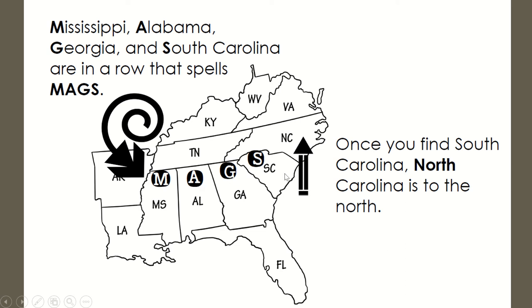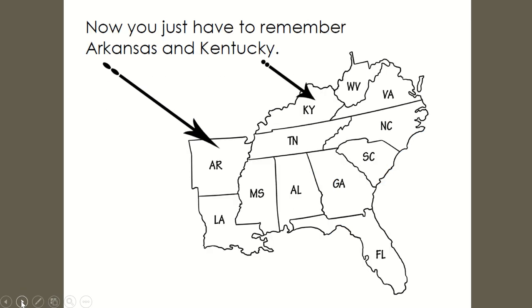And then once you find South Carolina, North Carolina is just to the north of it, which makes sense. So we have South Carolina, and right up above it is North Carolina. Okay, the last ones you just have to remember are Arkansas and Kentucky. What I've always remembered about Kentucky, if you look carefully, it almost looks like a piece of fried chicken, like a fried chicken tender that you would get from the grocery store or a restaurant.